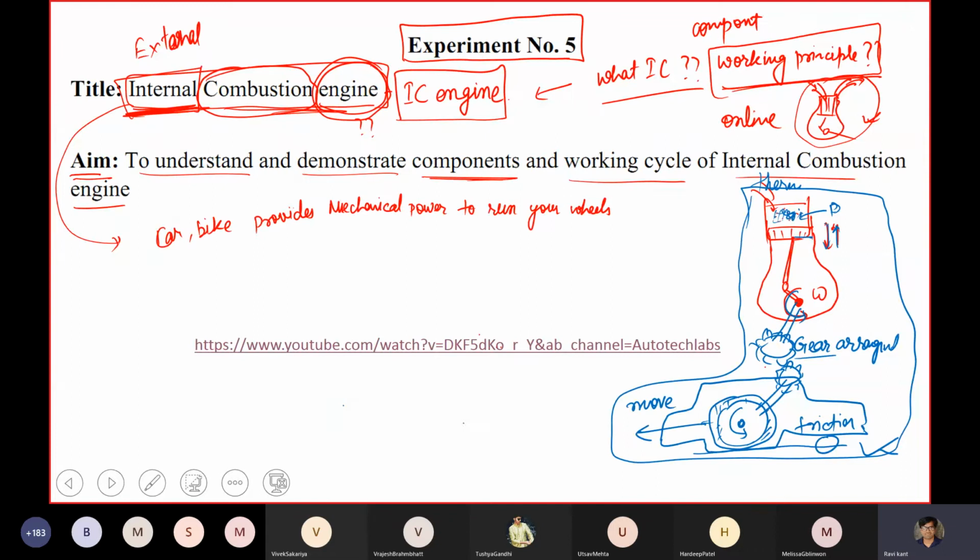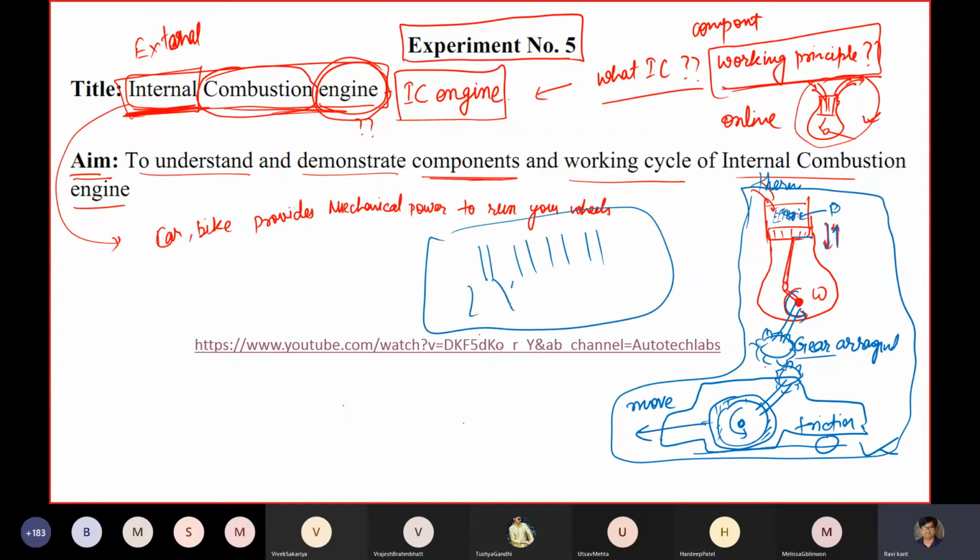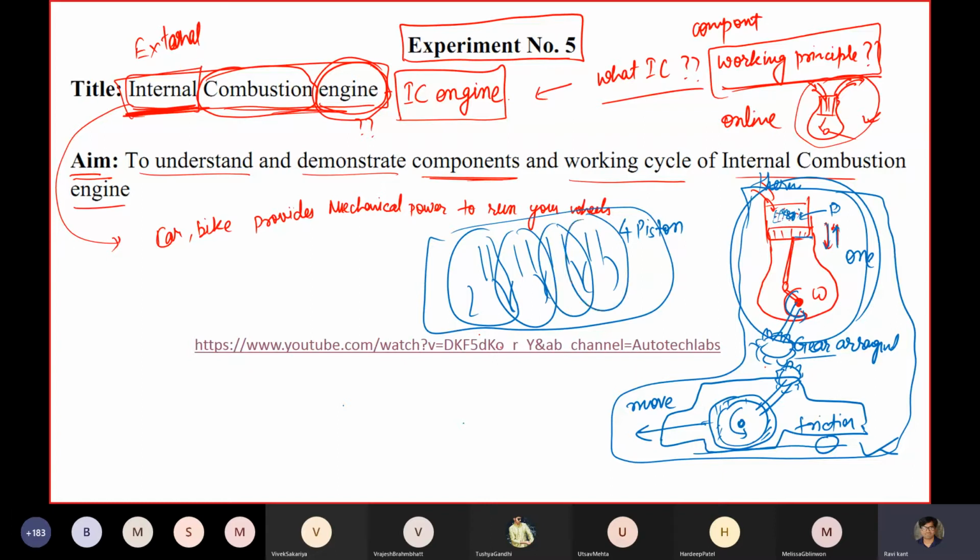One more thing, in the animation that I have shown you, it has shown four pistons. So essentially in your car, generally you have four pistons clubbed together. This is only one piston or one block, and there are four blocks sitting in your car.